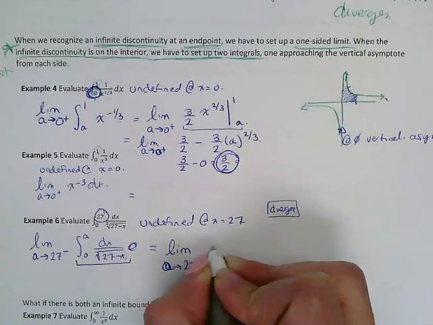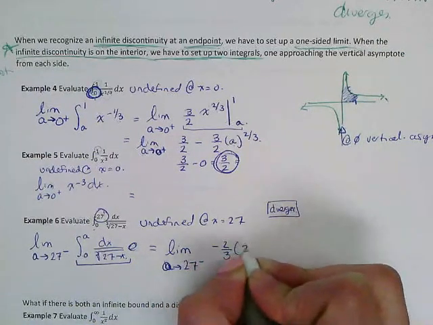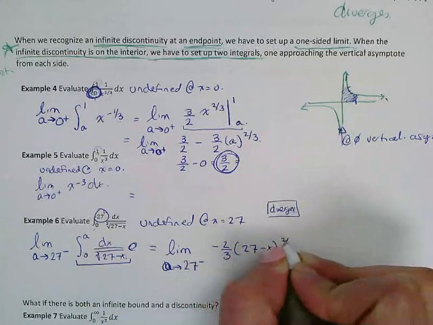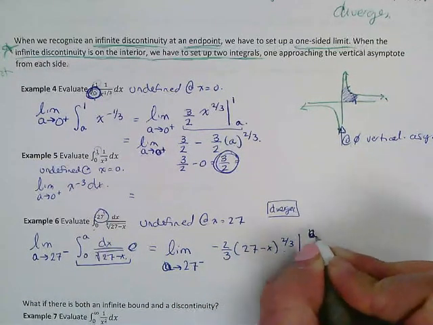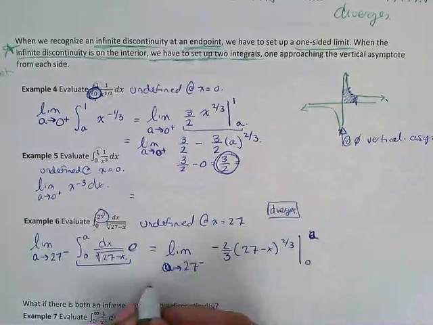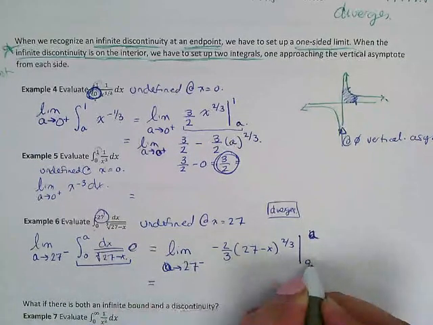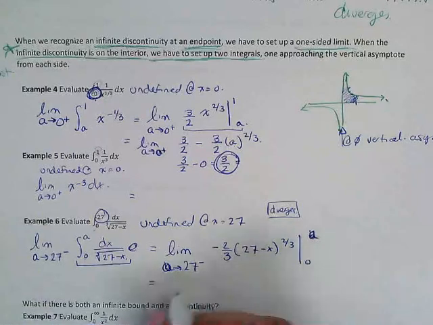So when we integrate, we end up with negative 2/3 times 27 minus x to the 2/3, from a, we're using a this time, to 0. Now plug in your a and your 0.